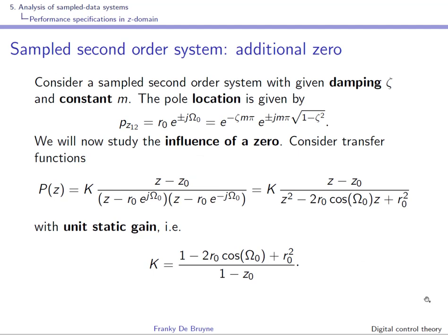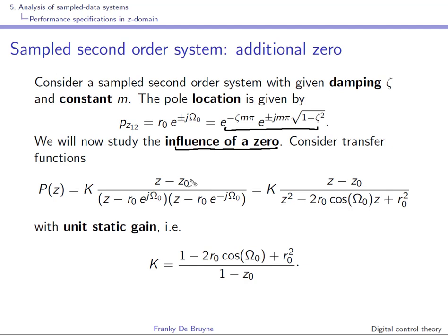Well, we have seen that you can do your design in terms of the pole locations, the sample pole locations, and that you can link them with the rise time, overshoot, and settling time. Just as we have done in the S domain, we would like to study the influence of a zero in the transfer function.